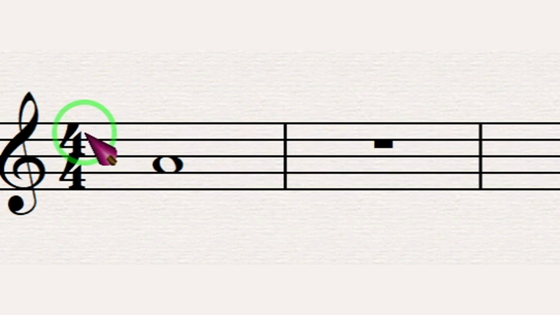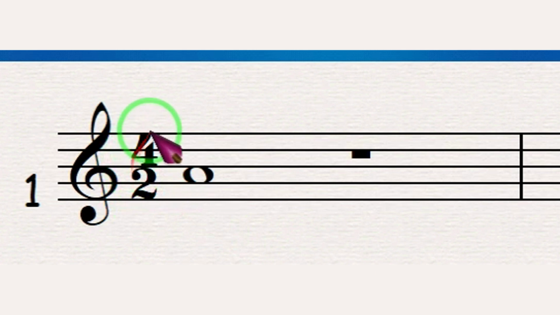I need to change temporarily this 4/4 into a 4/2 in order to show you another figure that is not in use anymore, but if you are studying for the ABRSM theory test grade 5, you need to know it because they still use it.